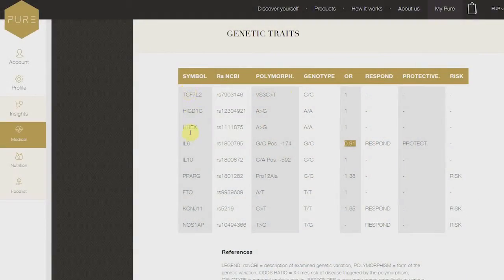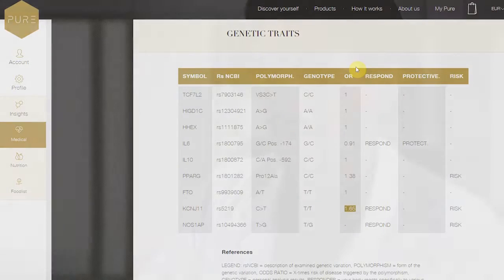Now, since all of these genes influence our risk of developing diabetes, we will then in the end have to look at all of them together. So while one gene might not have an influence on your risk of diabetes, one might protect you from it, another one might increase your risk, and another one might increase your risk. Looking at all of them together will then in the end tell us your general risk.